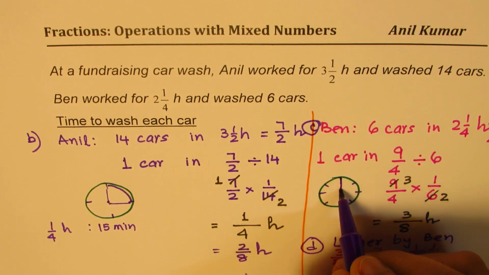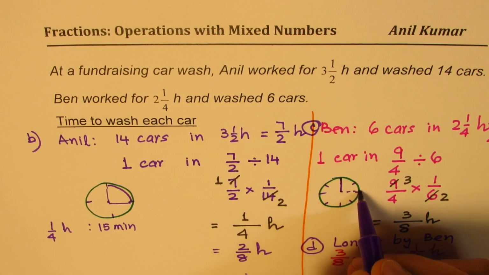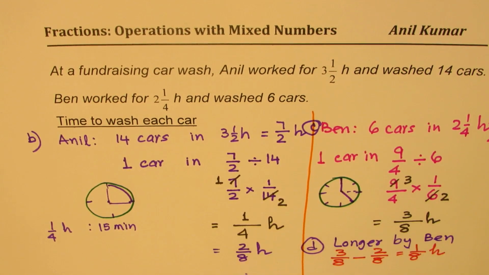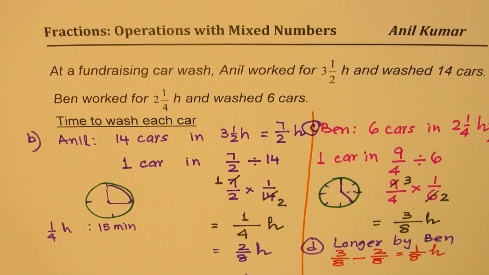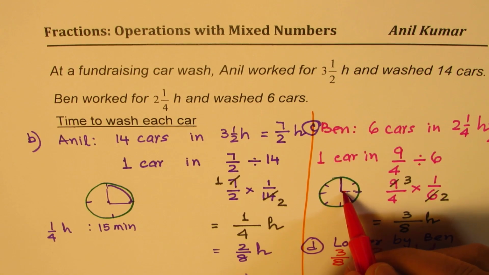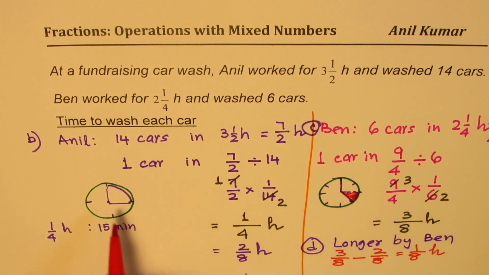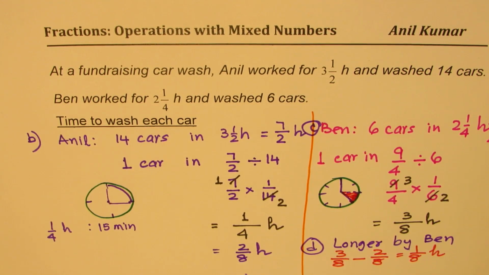So Ben takes this much time. This is 3/8. So how much more did he take? He took 1/8 extra. This much extra. Do you see that much extra time? By comparison. So that is how we can compare and show fractions of hours and minutes in this example.